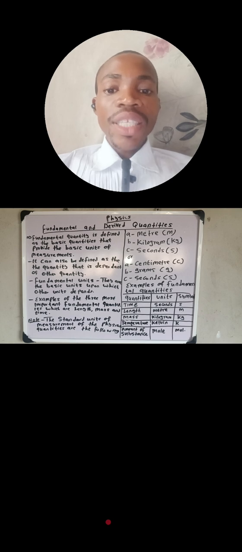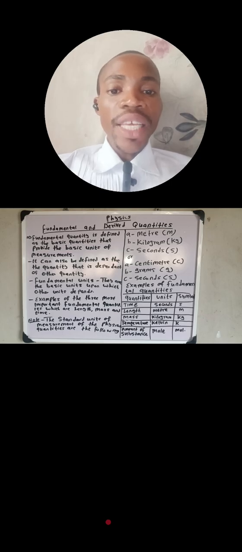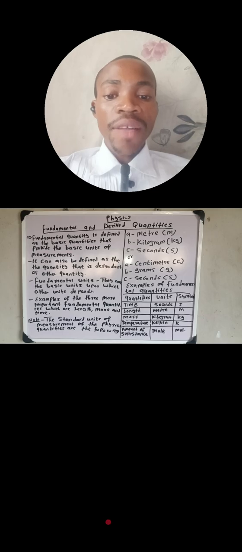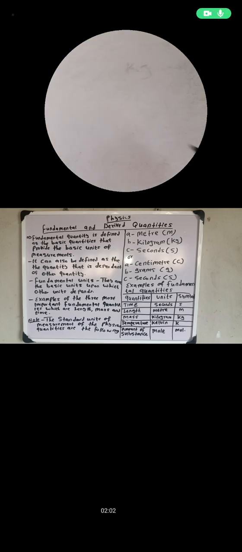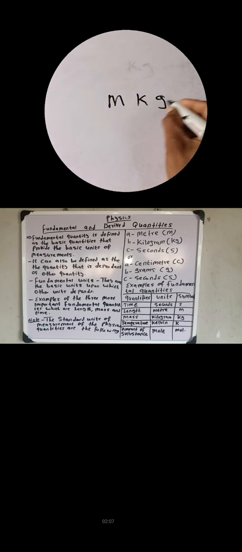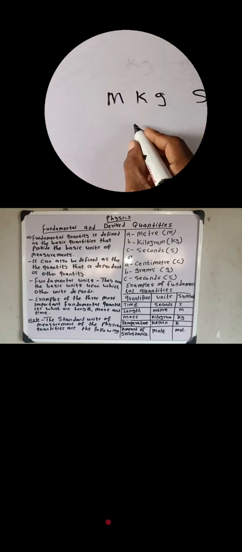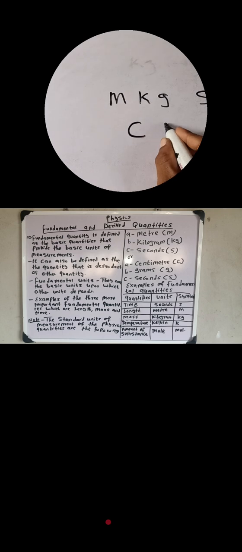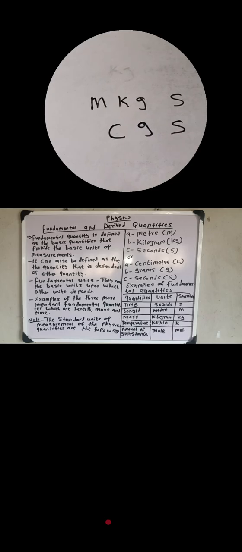Now we have the standard units of measurement. The standard units of measurement are basically in meter, kilogram, second, or centimeter, gram, second. Just watch what I'll show you. Okay, this is what I was trying to explain. It is in meter, kilogram, second or centimeter, gram, second.